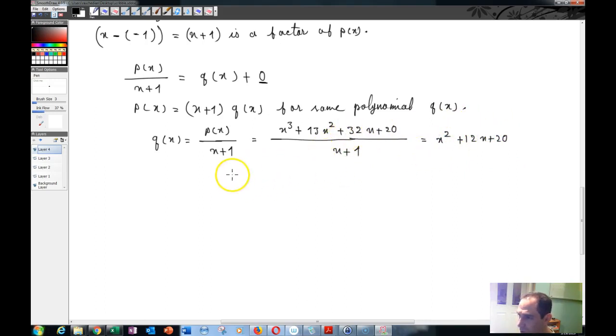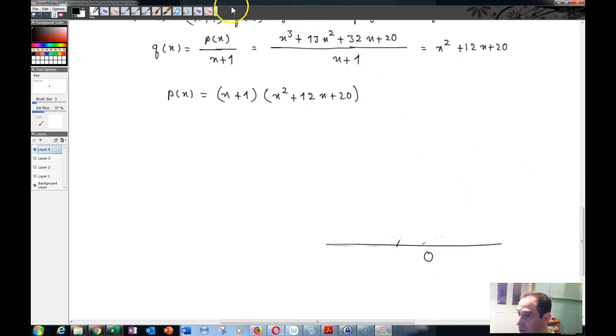So that means that P of x is equal to x plus 1 times this polynomial, which is x squared plus 12x plus 20. And now all you need to do is just factorize this polynomial here.